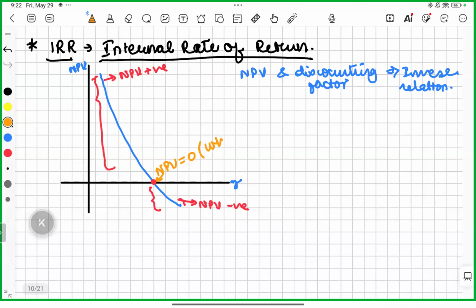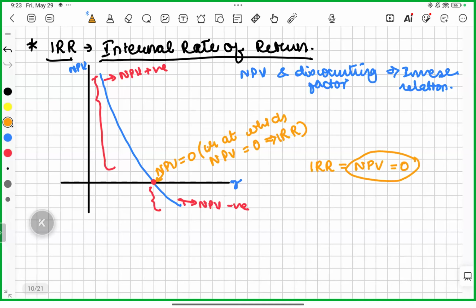Okay, that is when your R at which NPV is equal to 0, this rate is called as IRR, internal rate of return. So basically your internal rate of return is the rate at which your NPV is equal to 0.